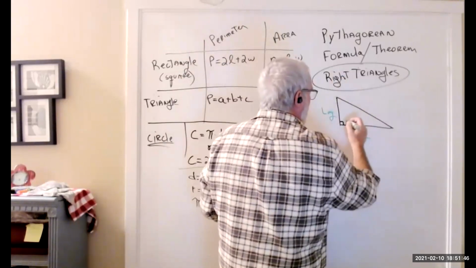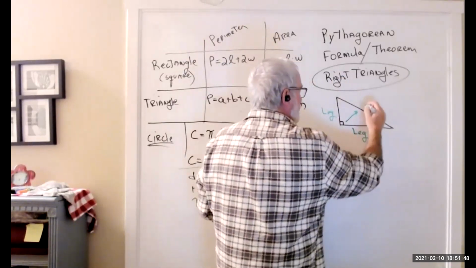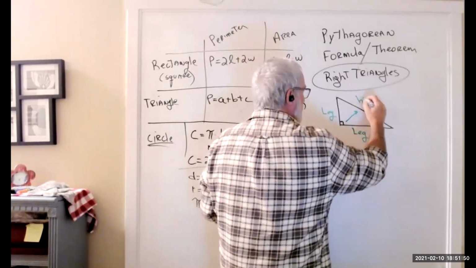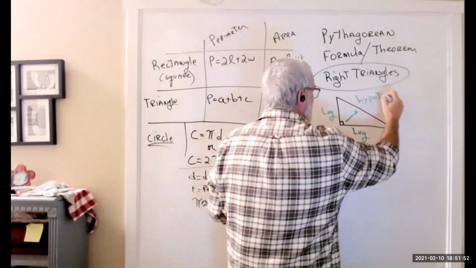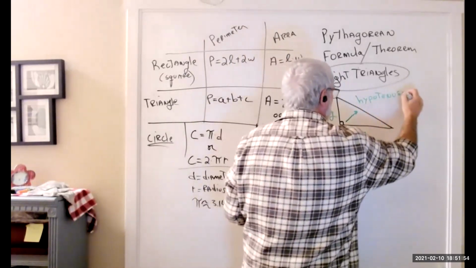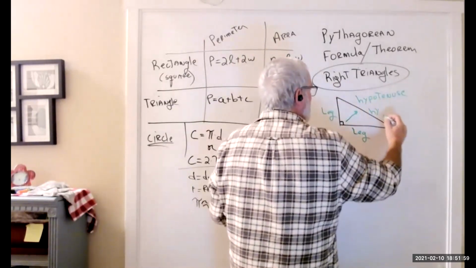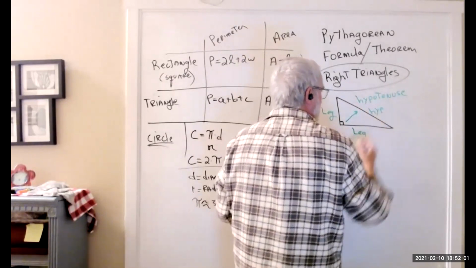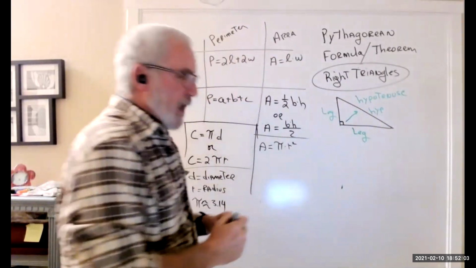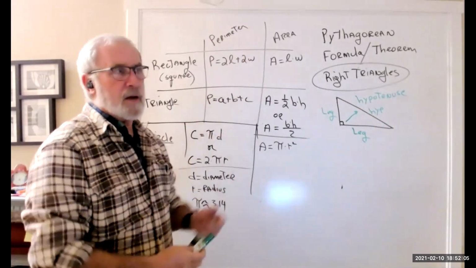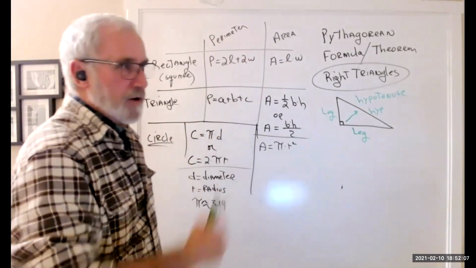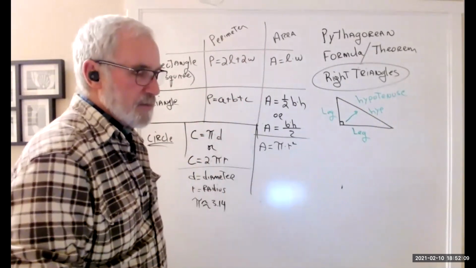The side opposite the right angle is called the hypotenuse, which no one knows how to spell. So the best we come up with is we abbreviate it HYP, H-Y-P. And don't sweat it, I'm not going to give a spelling test, just that it's the hypotenuse.